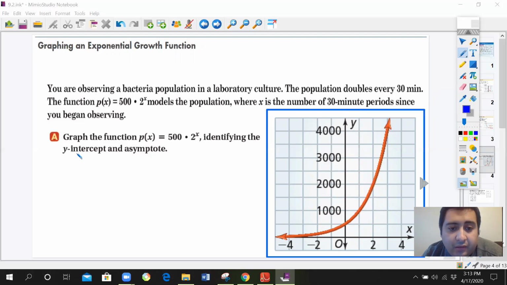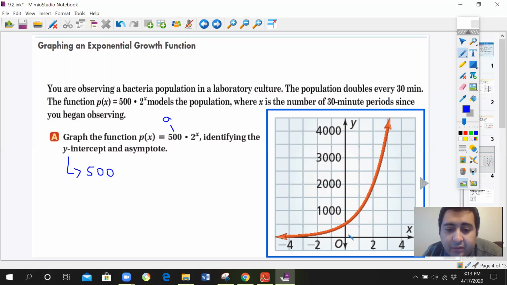Now, if you recall that your a is your initial amount and also your y-intercept, so your y-intercept in this case is going to be 500.